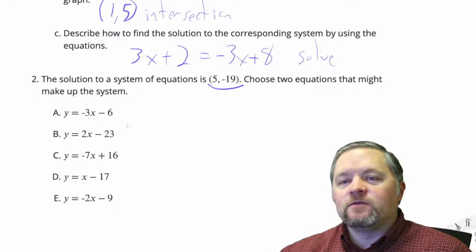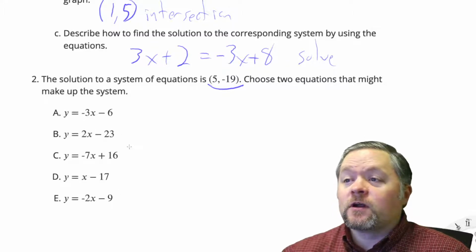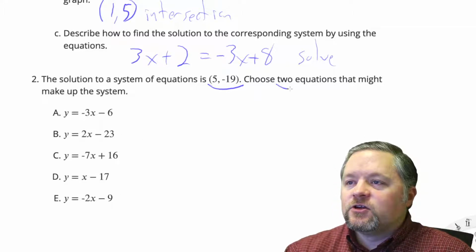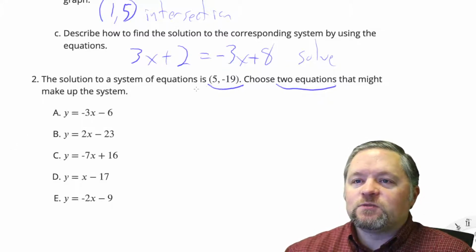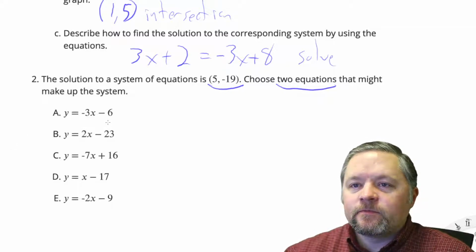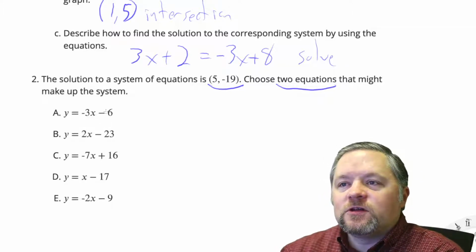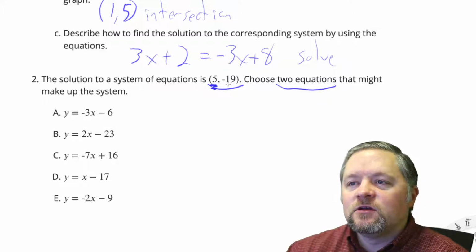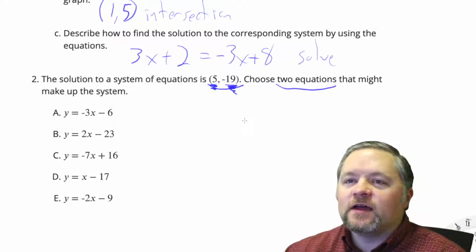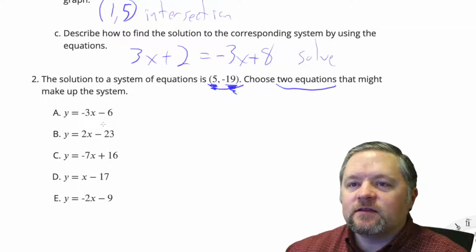That means we need to find two lines where this point works. If we plug our x value into each of those, we want to get a y value of negative 19.